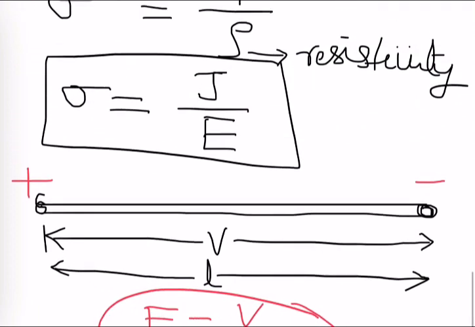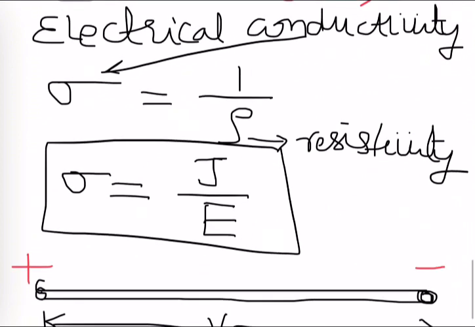Electrical conductivity is represented by the symbol sigma, and it is the reciprocal of resistivity. In the derivation we are going to show that electrical conductivity is the ratio of current density to electric field, that is, current density per unit electric field.